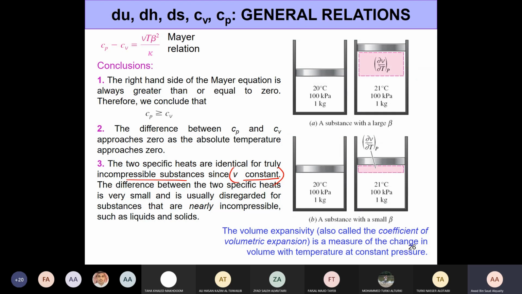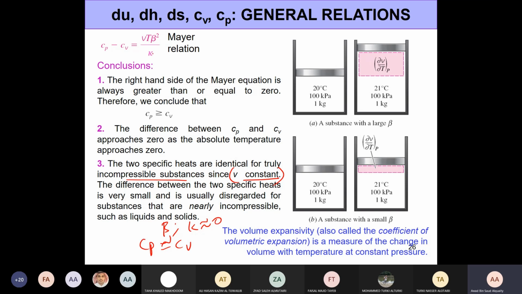So for all such cases where specific volume remains constant, the values of beta and kappa are almost equal to 0. For all such cases, again, Cp will be almost equal to Cv.